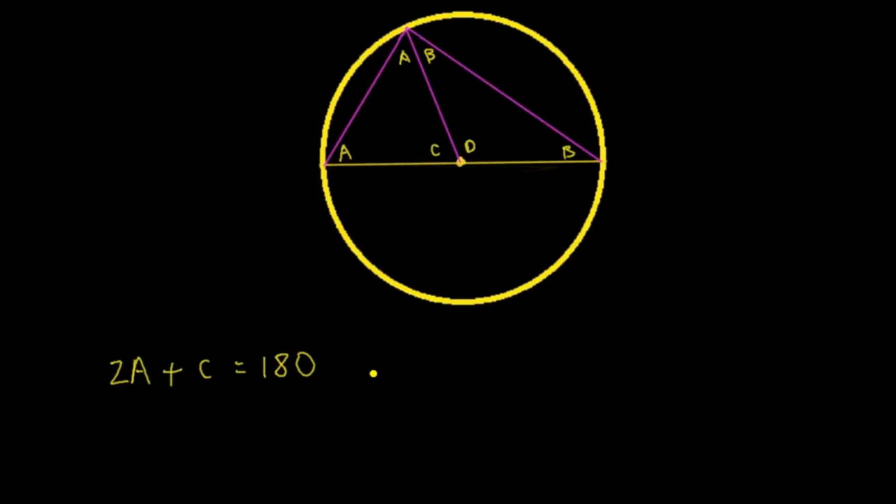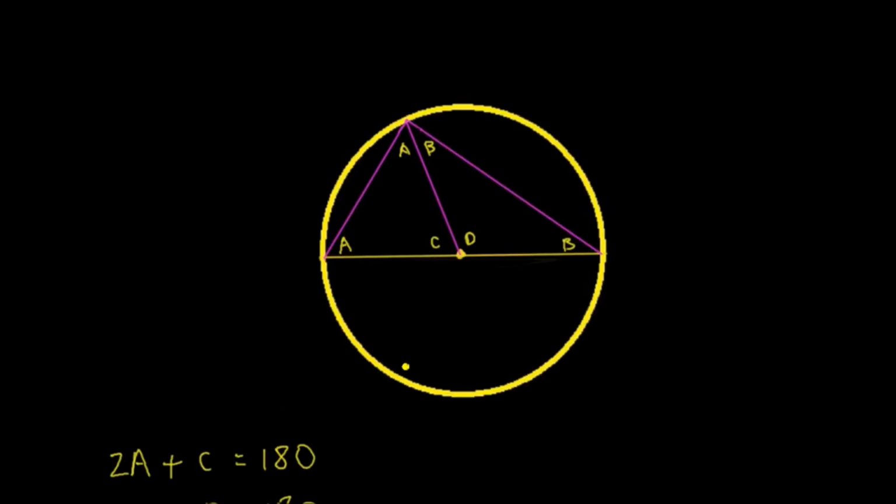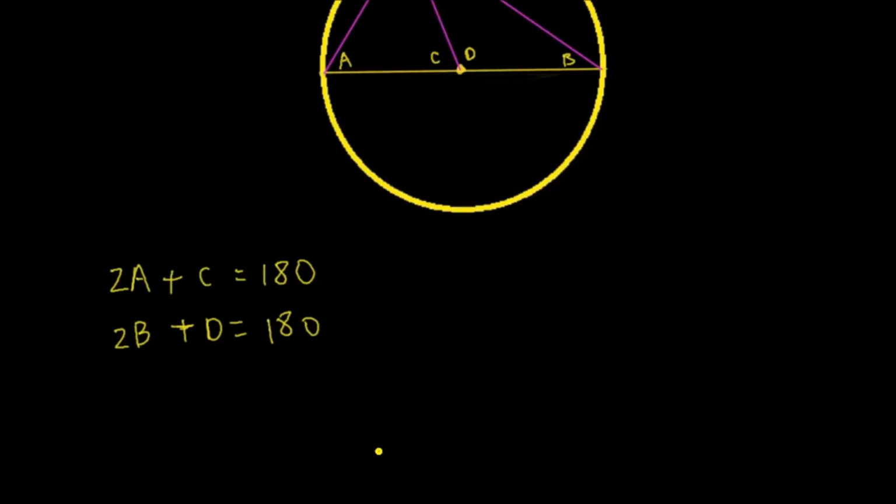So 2B plus D is also equal to 180 degrees. Okay, what else can we write? Well, we know that this angle here, C plus D, is 180 degrees. So we can write that C plus D is equal to 180 degrees.